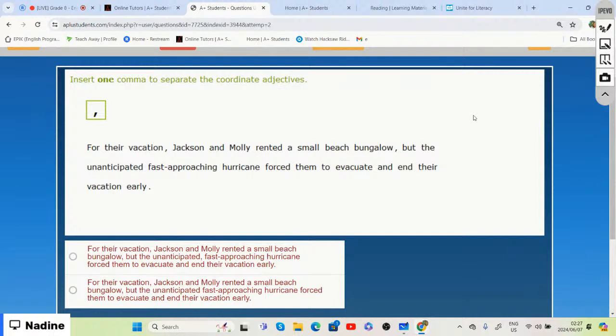If we look at the first one, it says, for the vacation, comma, Jackson and Molly rented a small beach bungalow, but the unanticipated fast approaching hurricane, or do we say the unanticipated, comma, fast approaching hurricane forced them to vacate and end their vacation early. So we need to add a comma to separate the coordinate adjectives.